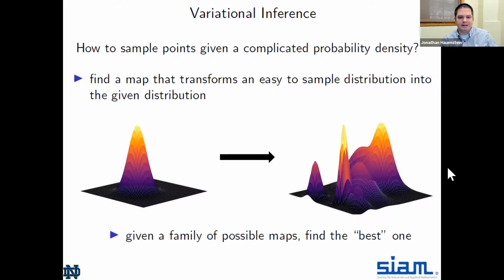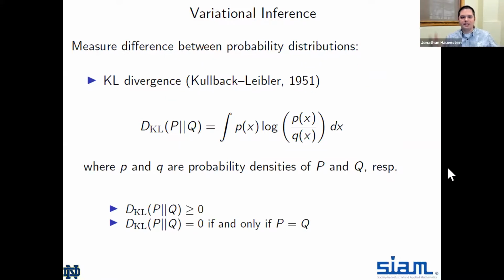You set the possible maps that you want to consider, and you try to find the best one. So you want to compute the critical points over this set of maps. Let me describe some mathematics behind this, but that gives you a quick overview of what we're trying to do. So what does best mean in this case?